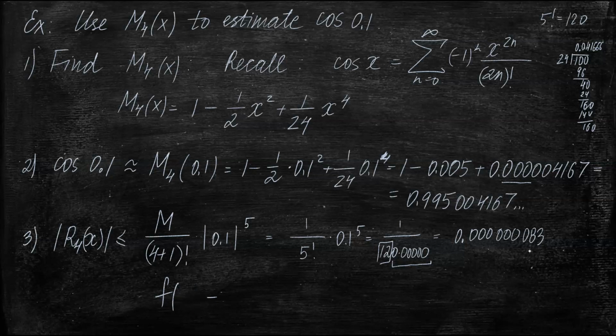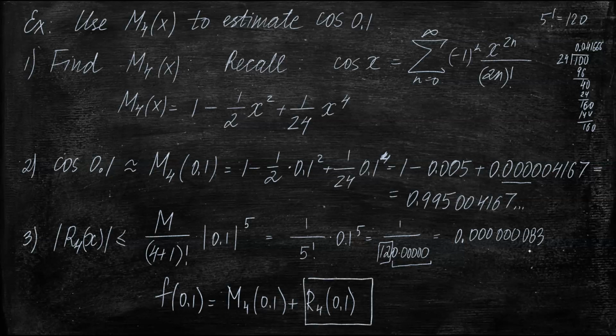The function at 0.1 is made of the value of the polynomial at 0.1 plus the value of the remainder at 0.1. But the value of the remainder is bounded, so all that we have here is bounded by this number right here according to the remainder theorem.